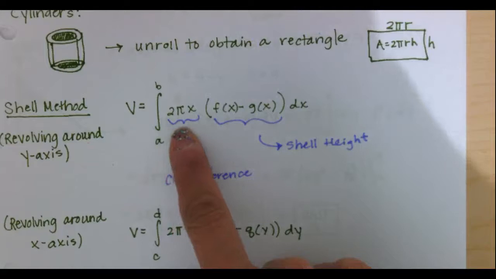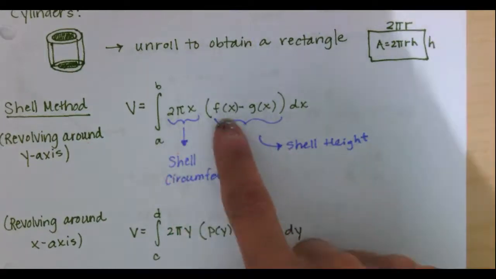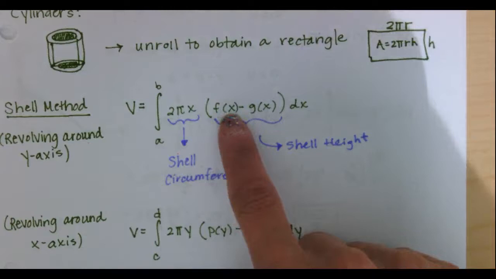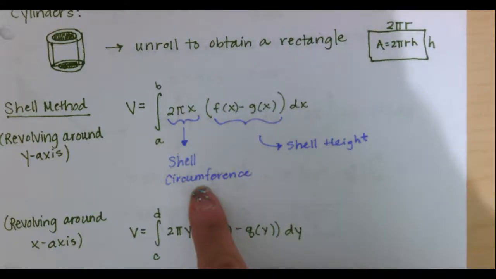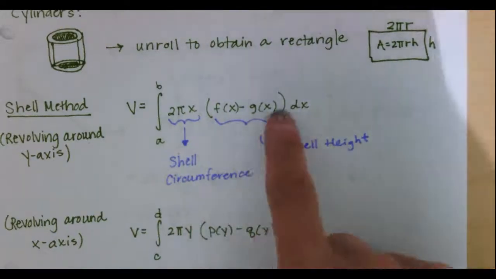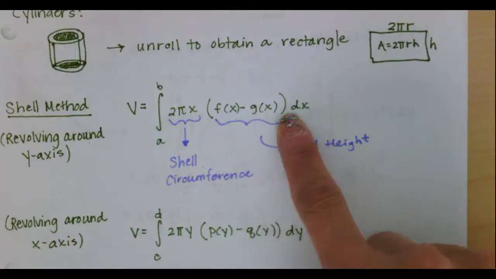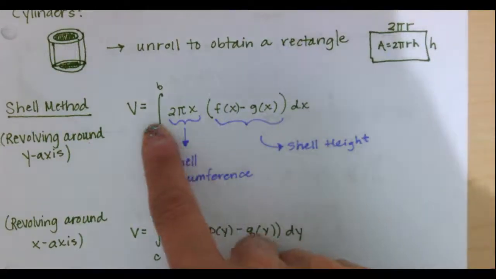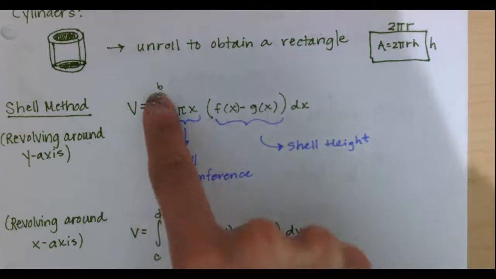Then the height of the shell is found by taking one curve and subtracting the other curve, so that you get a total vertical distance. So we've got the circumference times the height, so this entire expression represents the area of our cylindrical region, where if we integrate it over the interval from a to b, we will get its volume.